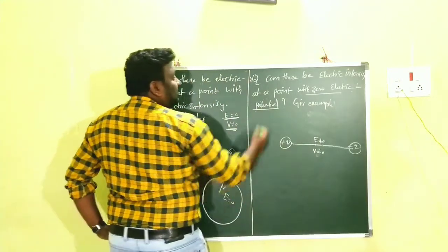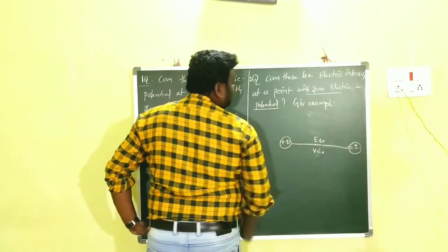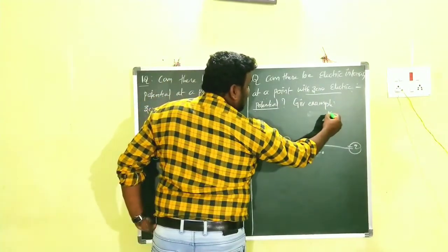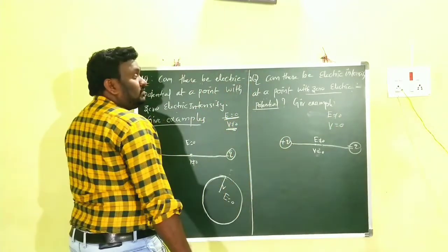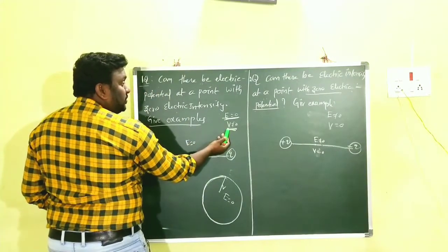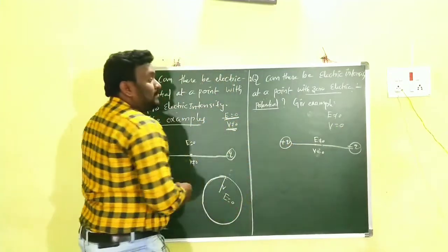Reverse of this one. That means E is not equal to 0 and V is equal to 0.